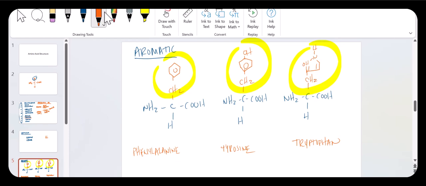It's hard to line up the lines on this. So tryptophan has an aromatic ring as well. Our little thing for remembering this is PTT for the aromatics. And these three are really important for most of your neurotransmitters.